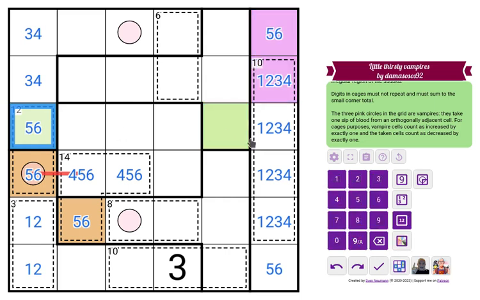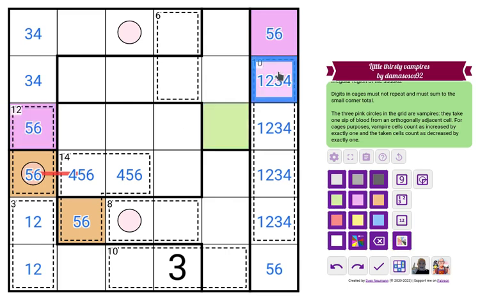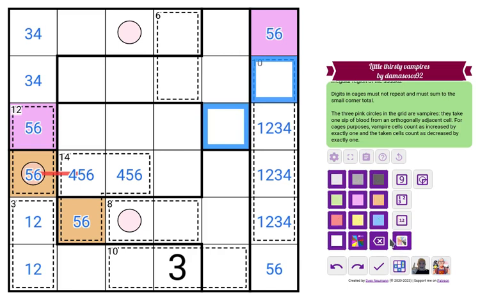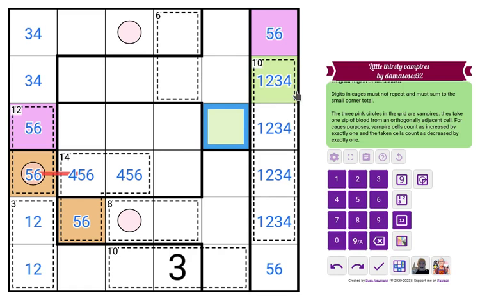So I will color this way, because this is the 5, 6 and must contain this one. Like this, so this is also 1, 2, 3, 4.